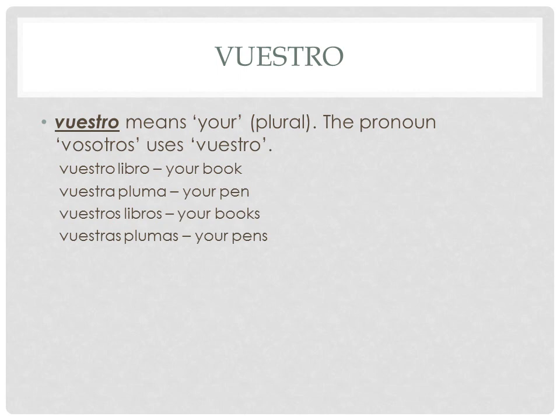Vuestra pluma, your pen. Feminine singular, feminine singular. Vuestros libros, your books. Libros is masculine and plural, so vuestros has to be masculine and plural. Vuestras plumas, your pens. Plumas is feminine and plural, and therefore vuestras has to be feminine and also plural.